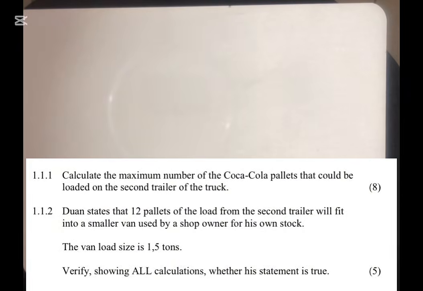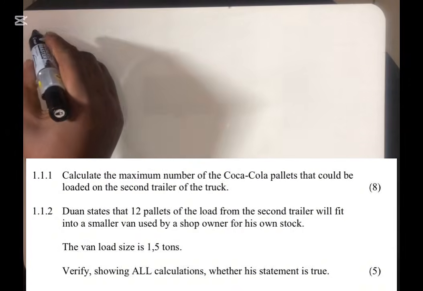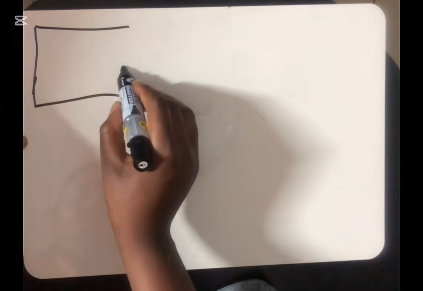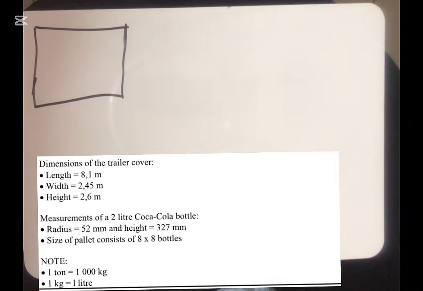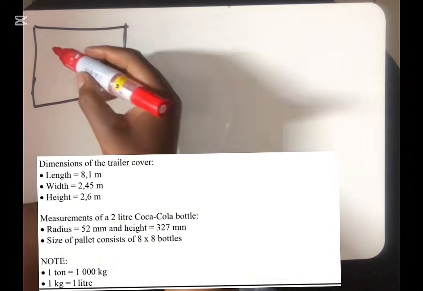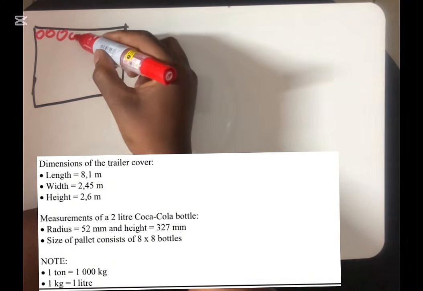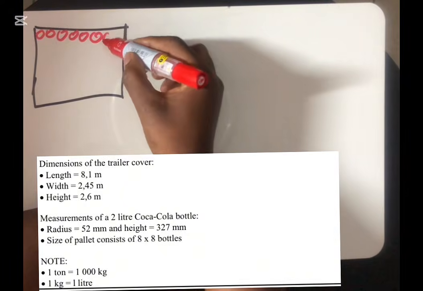Now we must calculate the dimension of what? Dimension of the pallet. So this is our pallet. This is the pallet that we are having here, according to the scenario that we are given. And they're saying that they arrange them 8 by 8 bottles, to say that from here 1, 2, 3, 4, 5, 6, 7, 8.